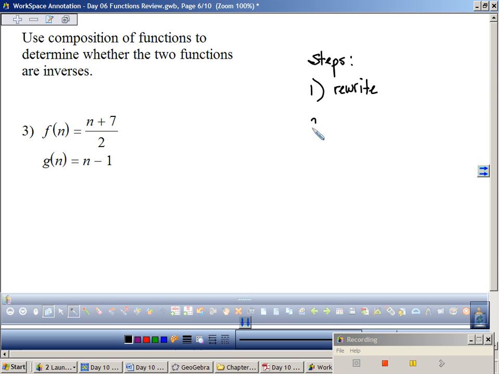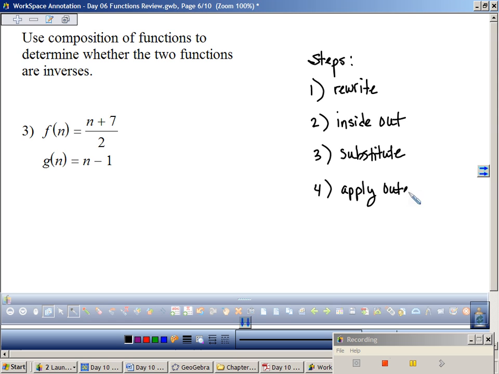Let's write the steps out before we do it. What's the second step? No. Work from the inside out. Then substitute. Then apply outer function.